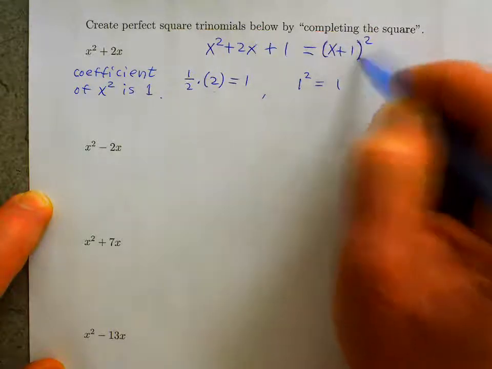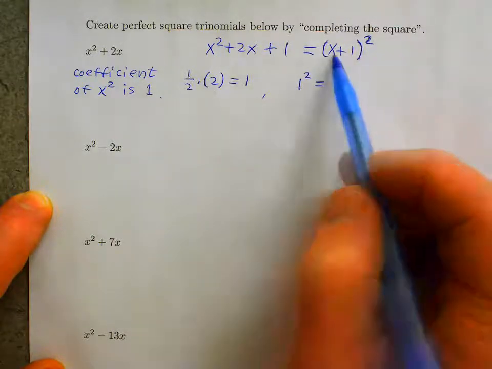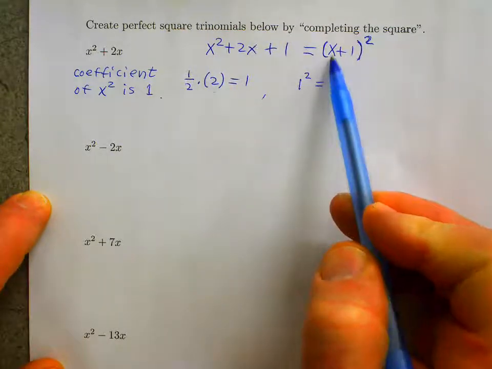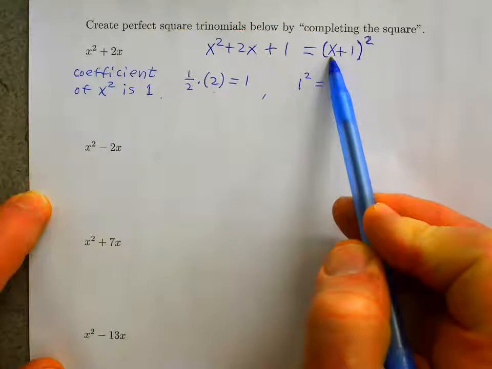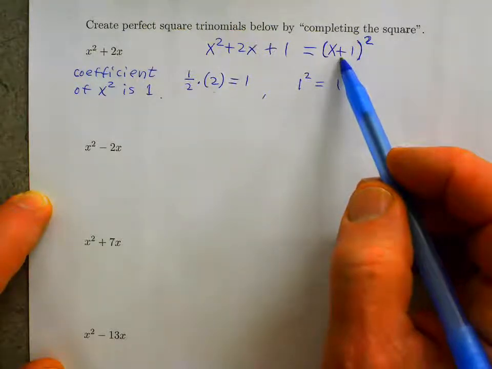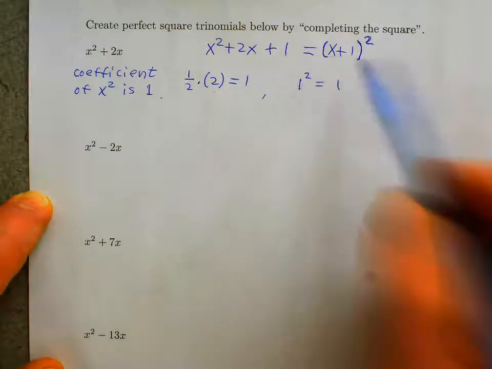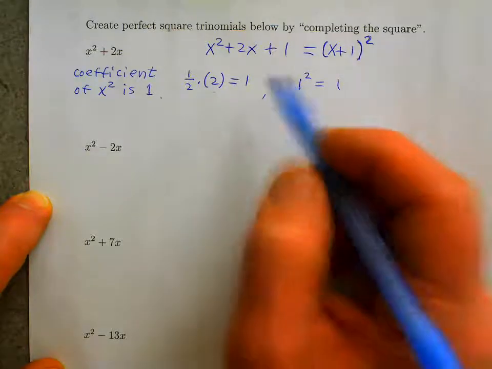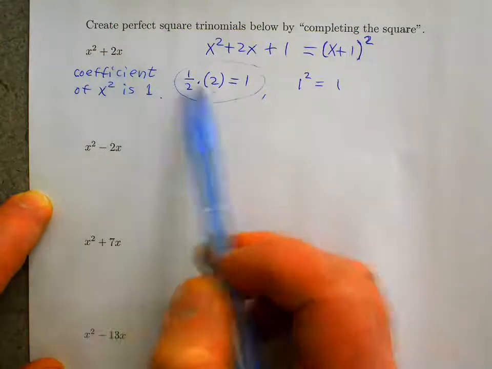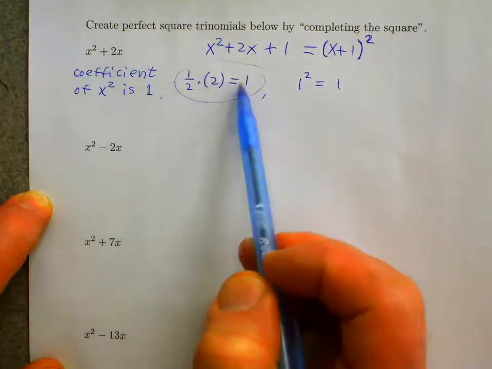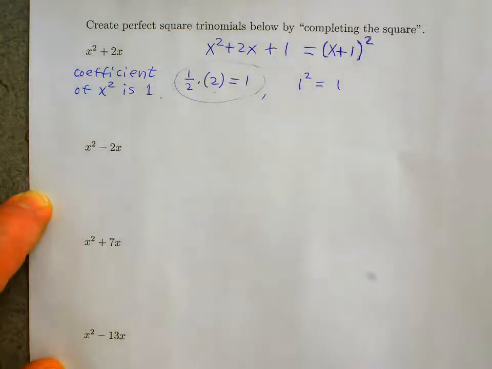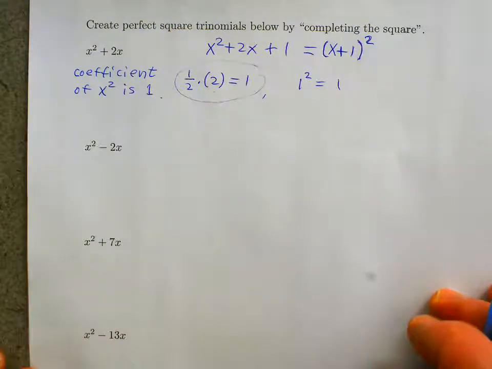To know what binomial you have to square, since the first term is x squared, the first term in the binomial is x. And then what follows x is what you get when you take 1/2 of the coefficient of x. So 1/2 of 2 is positive 1, so you put plus 1. That is going to work in general.